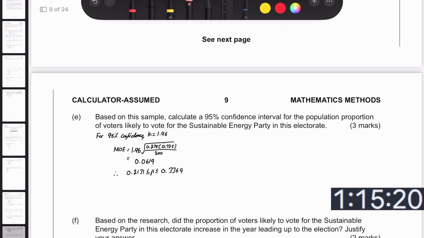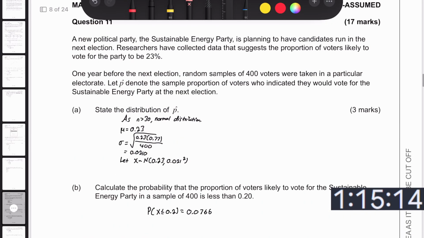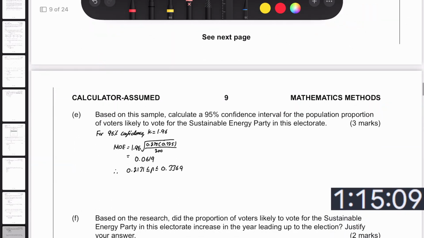Did the proportion of voters likely to vote increase in the year leading up to the election? Justify your answer. So 0.23.